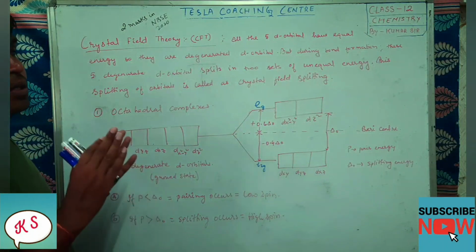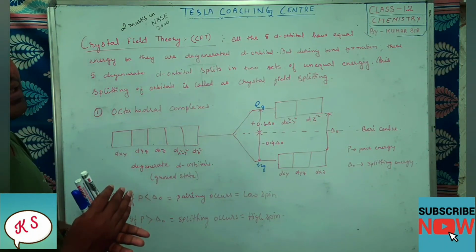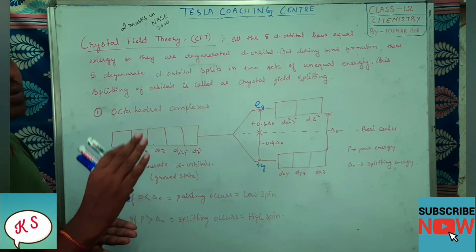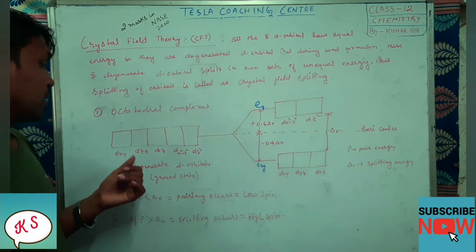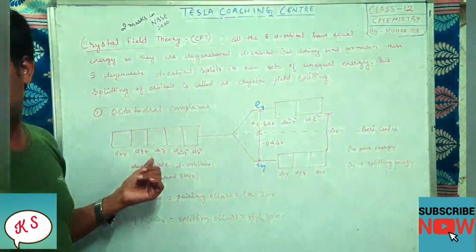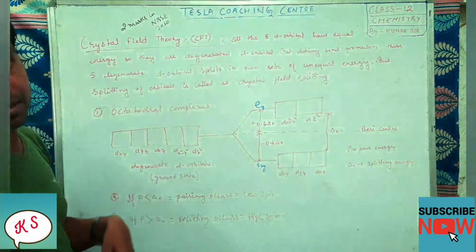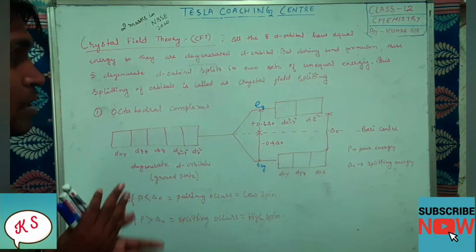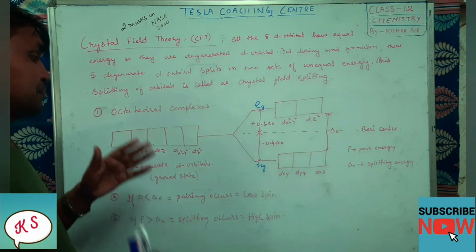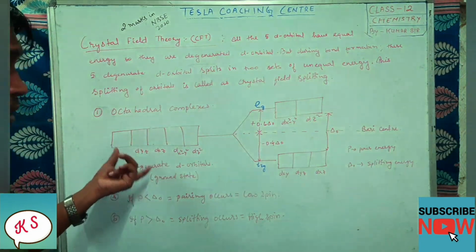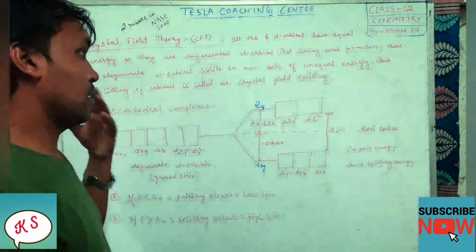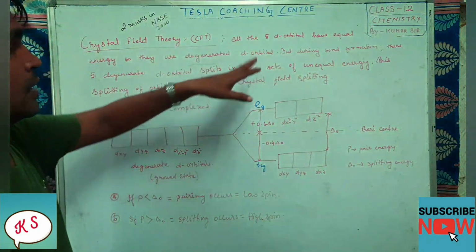In class 11 I already taught you the shapes and names of all the 5 d orbitals: dxy, dyz, dxz, dx2-y2, dz2. So I am not going to discuss the shapes now.